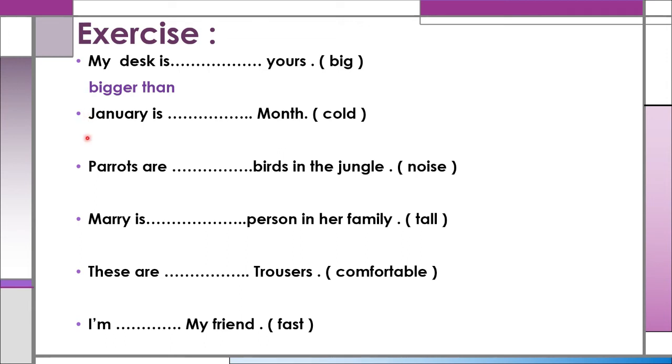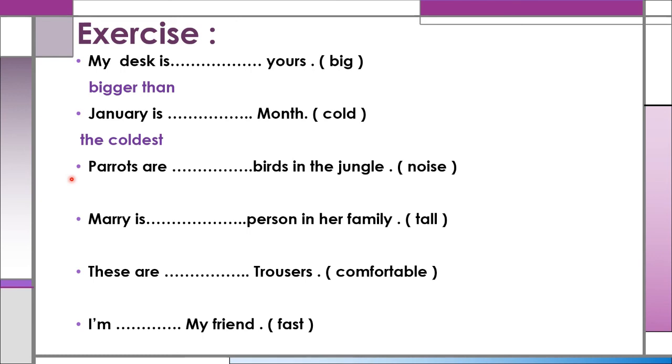Number two, January is blank month. Is this superlative or comparative? This is superlative, yes. Cold is a short adjective, so we have to say January is the coldest month.